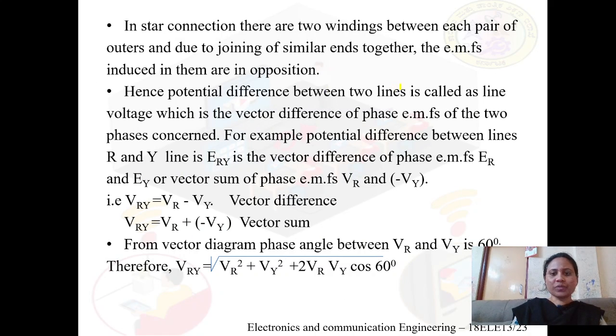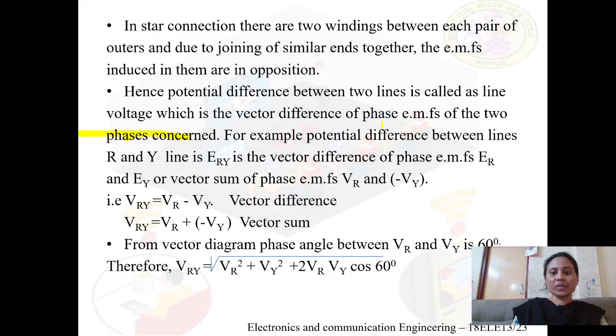Hence, the potential difference between two lines is called the line voltage, which is the vector difference of phase EMFs of the two phases concerned. Very important point: the potential difference between two lines is called a line voltage, which is nothing but the vector difference of the two corresponding phase EMFs.